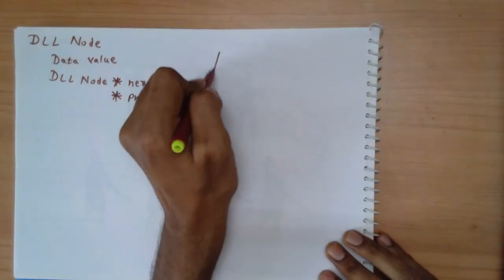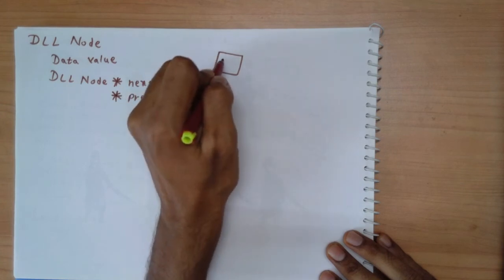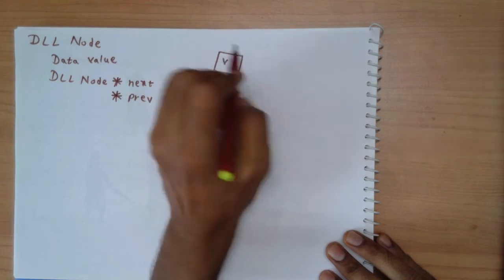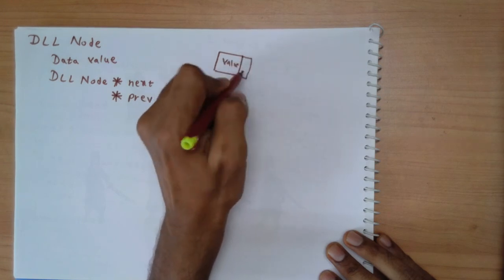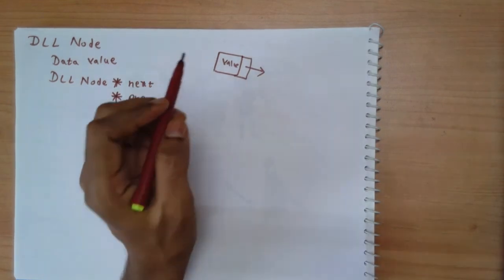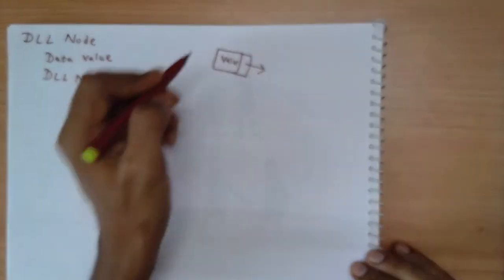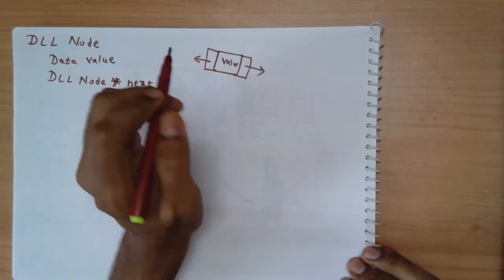When we previously had a singly linked list node, we had a value, and then we had this next pointer which was pointing to the next node, but now in addition we also have the previous pointer here. That's the difference.